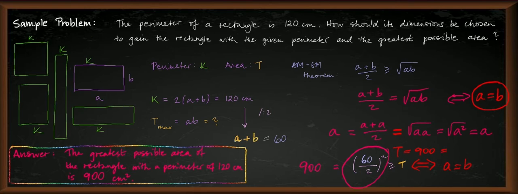So when we have, instead of A times B, A times A, that is A squared, so the area of a square, then A has to be equal to 30 centimeters. So if you would like to extend your answer, you can say that the greatest possible area is gained if we have the square with sides 30 centimeters.